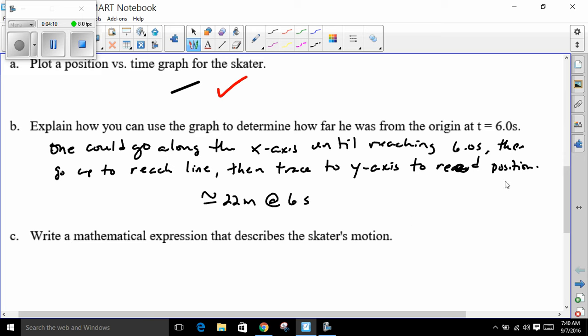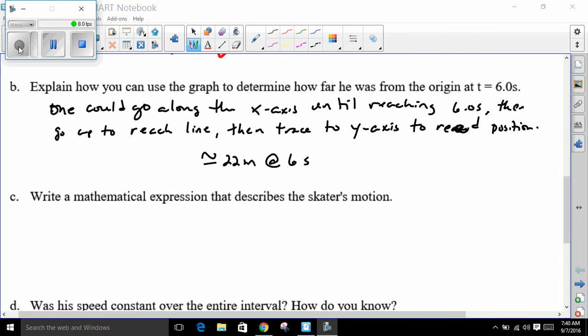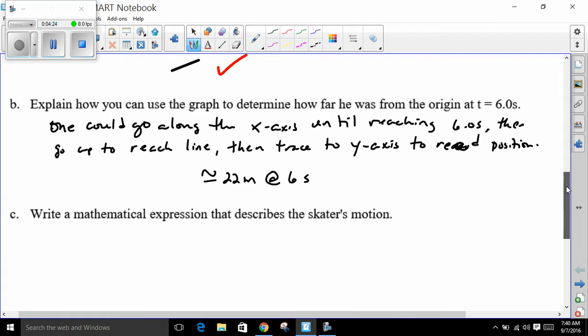We then want to write a mathematical description of the skater's motion. So it is a linear expression, so that means we're going to need a slope. If you go back and look at the graph, our points are pretty well on the line.